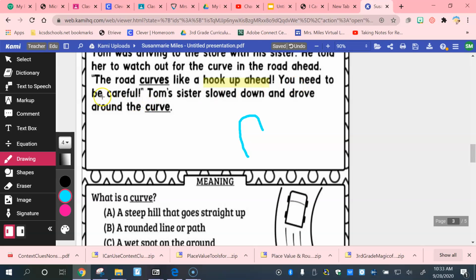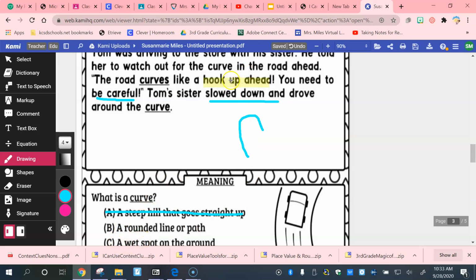So if you need to be careful and slow down, would you need to do that up a steep hill that goes straight? You might need to be careful, but I doubt you would really need to slow down. It might be good to go a little faster, get a little momentum. Is it a rounded line or path? Well, this is round, and it is a path, and you would need to be careful and slow. So let's wait on that one.